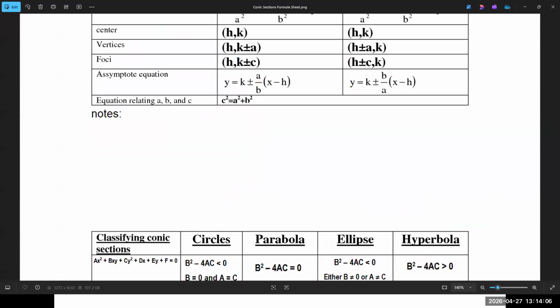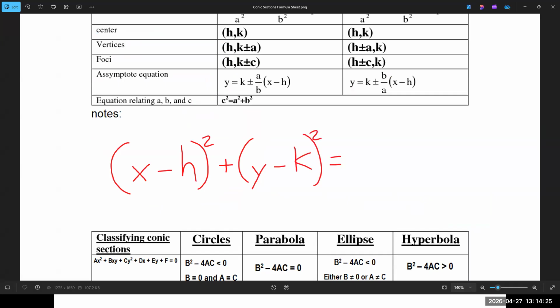So I'm going to pull that back on the screen and I'm going to add it. Okay, so I'm going to take that formula and add it. X minus h squared plus y minus k squared. Now you might want to write that smaller so you can put more notes in there, but really this is about all you need to put on here.